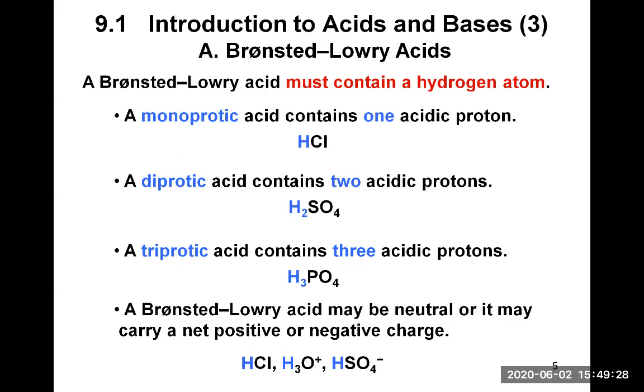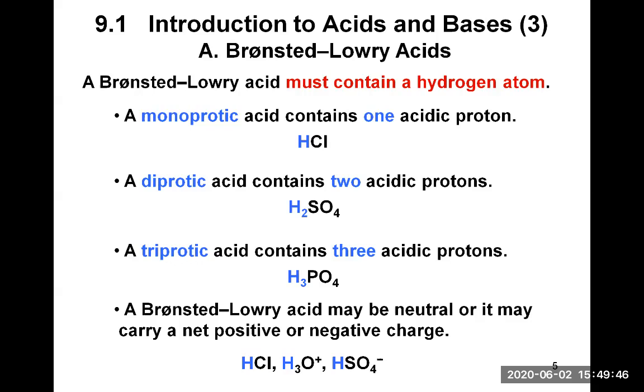A given acid can donate more than one proton. If it donates only one proton, we call it a monoprotic acid, when it contains only one acidic proton. HCl, for example, is a monoprotic acid.